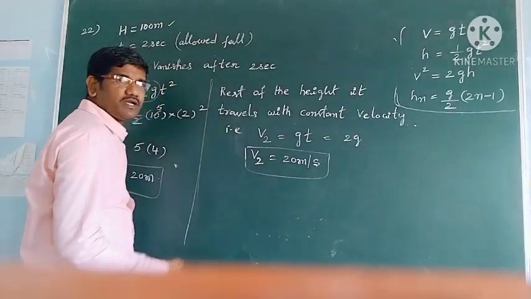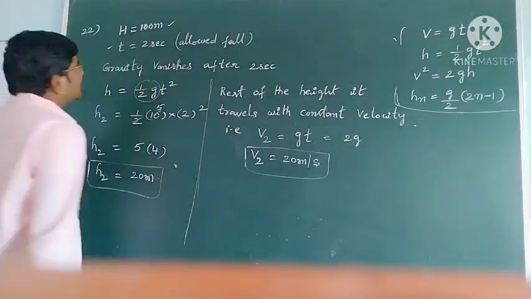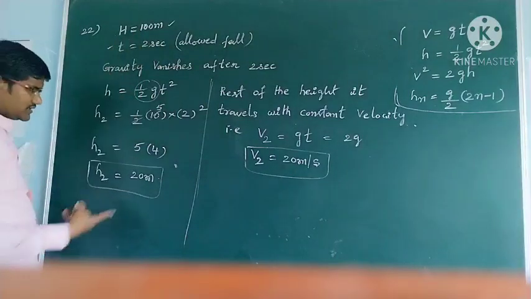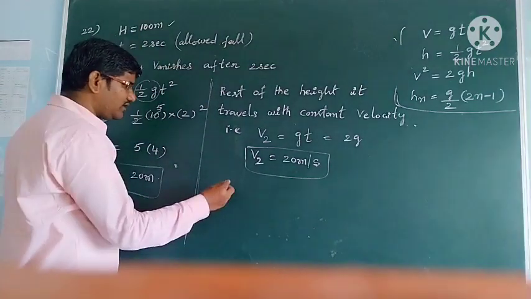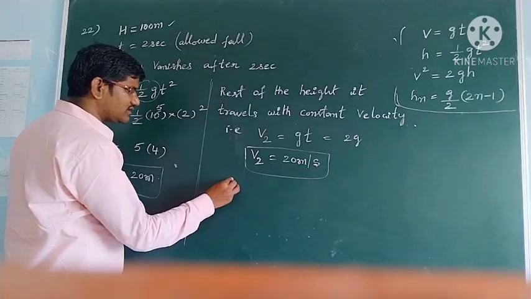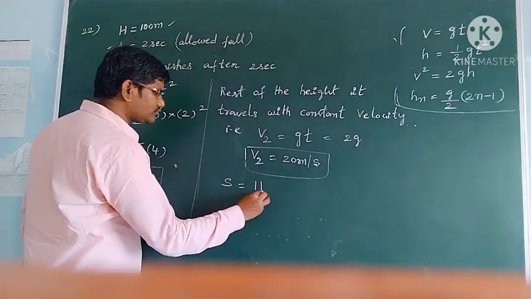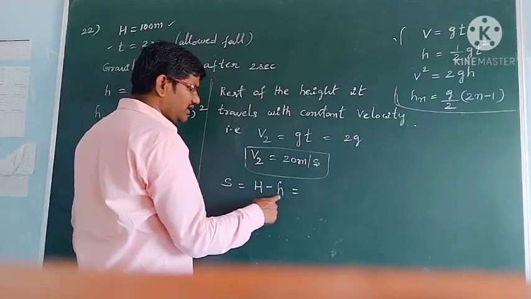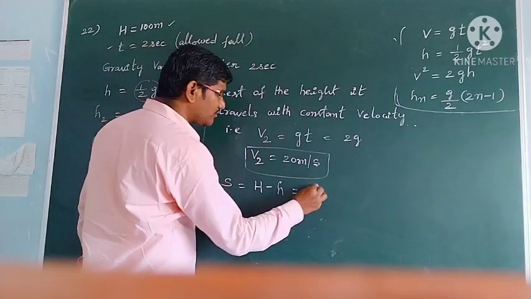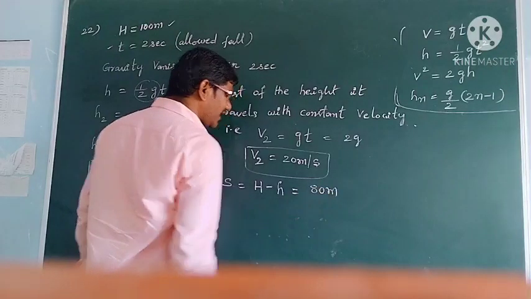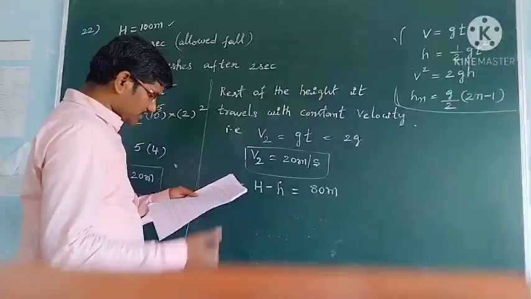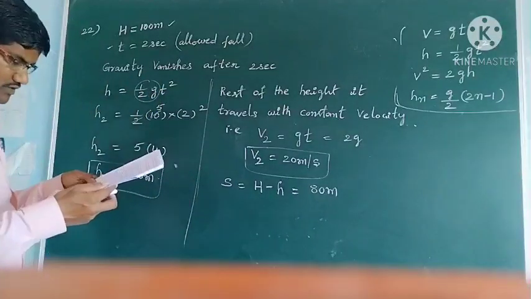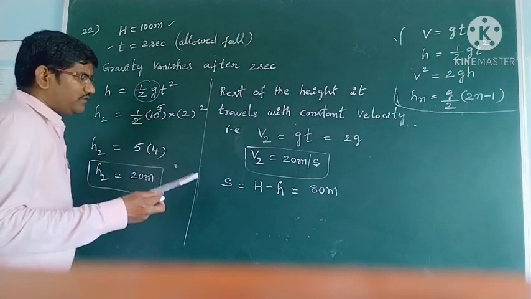Okay, so it goes with 20 meters per second velocity, and it has to cover the rest of the distance. Totally 100 meters, 20 meters it has traveled. So the rest of the distance is total height minus height fallen. Total height 100, height fallen is 20, so you will get 80 meters. The question is the total time of its fall they are asking.